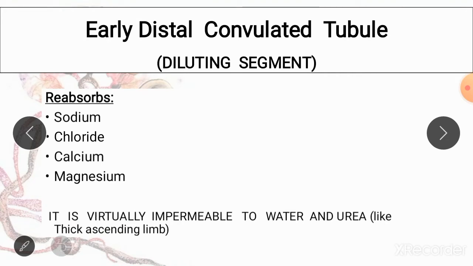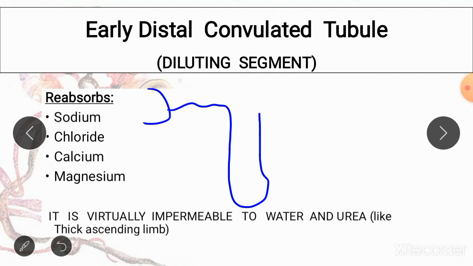The portions we have studied so far are the proximal convoluted tubule, the descending limb of Henle, the thin ascending limb, the thick ascending limb, and then the early distal convoluted tubule. The proximal convoluted tubule was very permeable to water. The descending loop of Henle was only permeable to water.